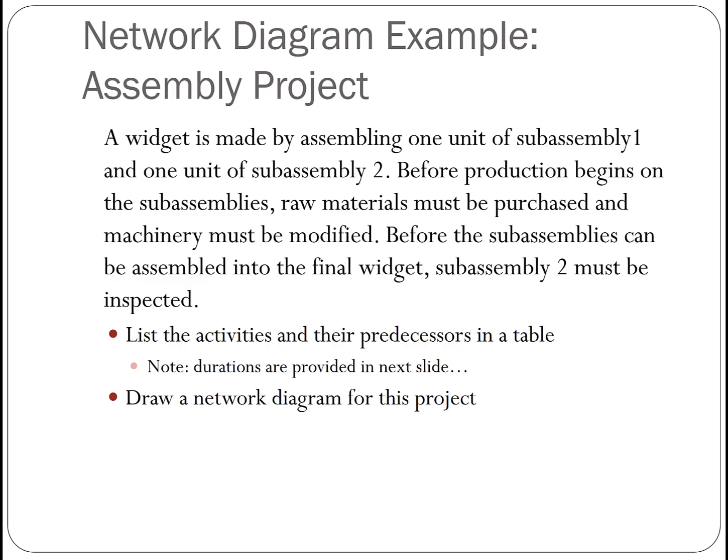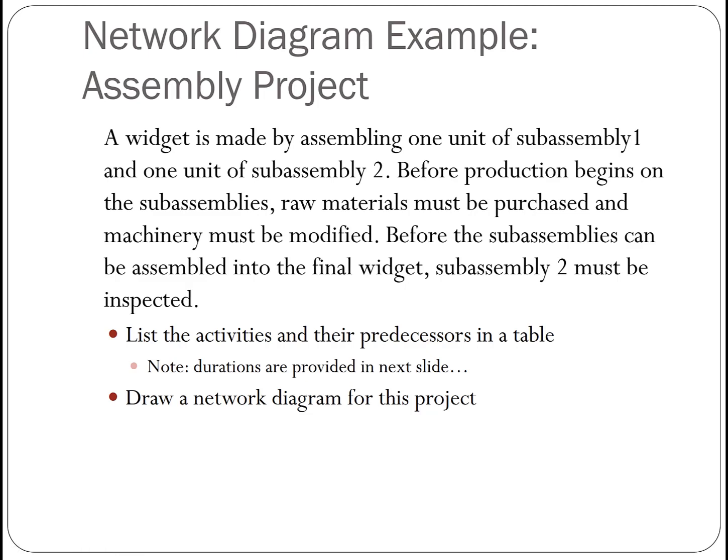Before the subassemblies can be assembled into the final widget, subassembly 2 must be inspected. So this is a typical description of what activities need to be completed to complete this assembly project. And it also gives the relationships among those different activities.